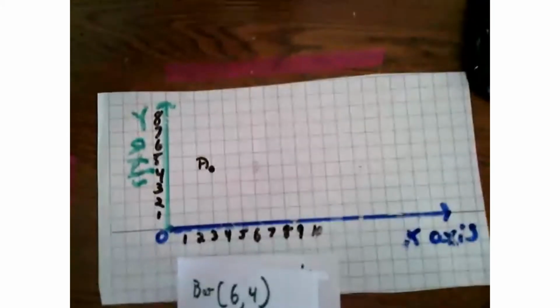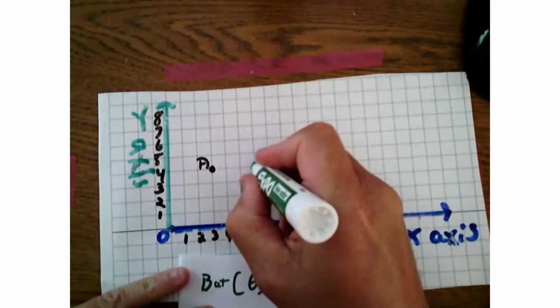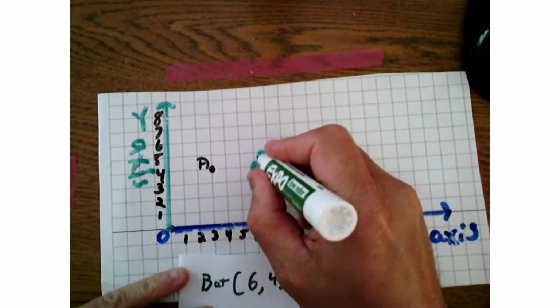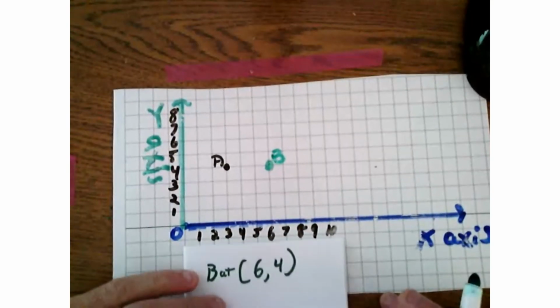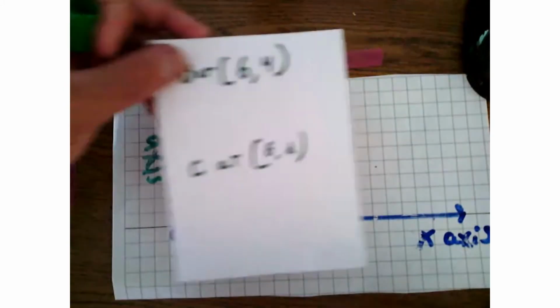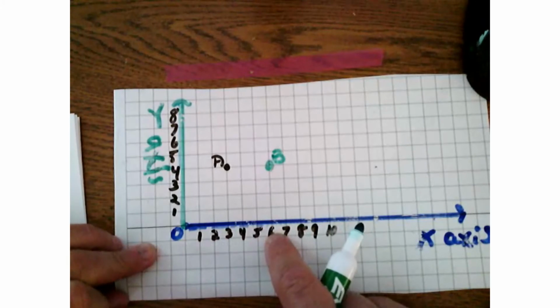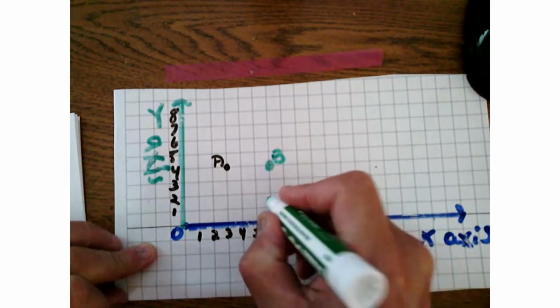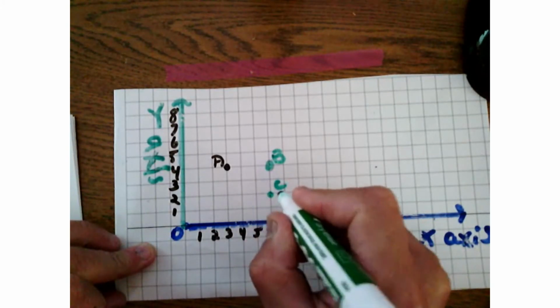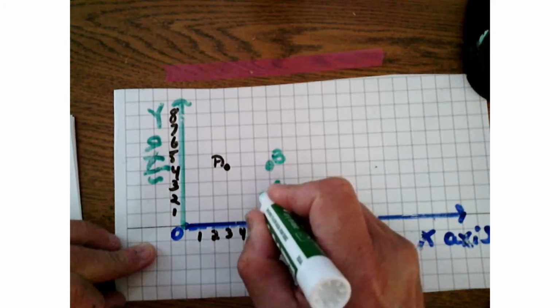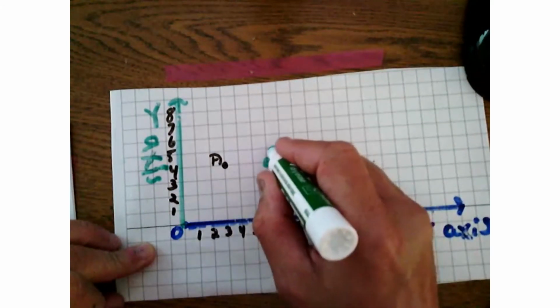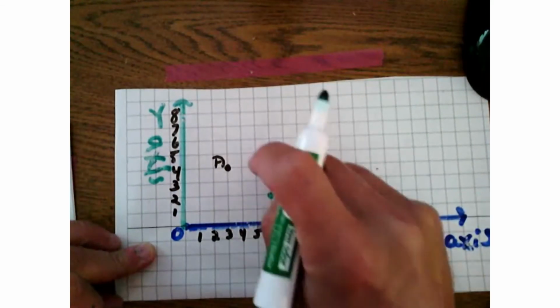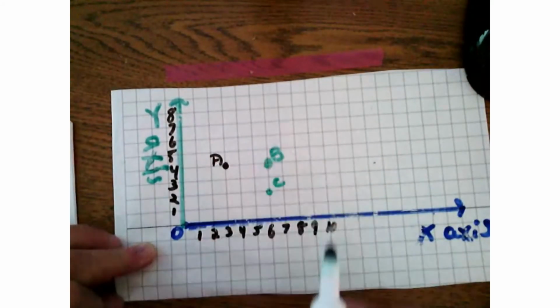There you go, B. Okay, now I'm okay. There's B, 6, 4. I could ask you to plot C at ordered pair 6, 2. Right 6, up 2. There's C. Notice how the point goes at the intersection of the lines, and the letter labeling goes in the square immediately adjacent to it.